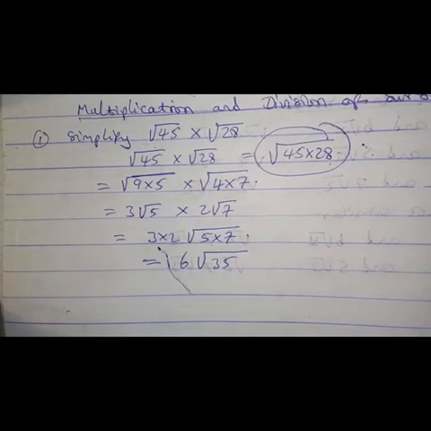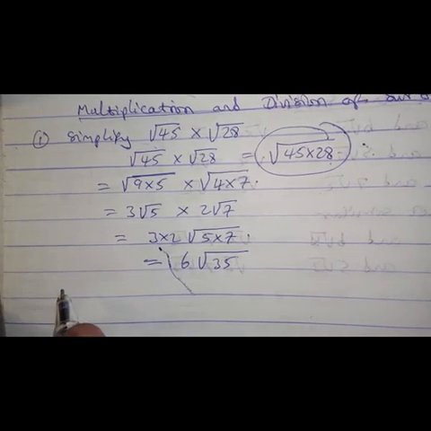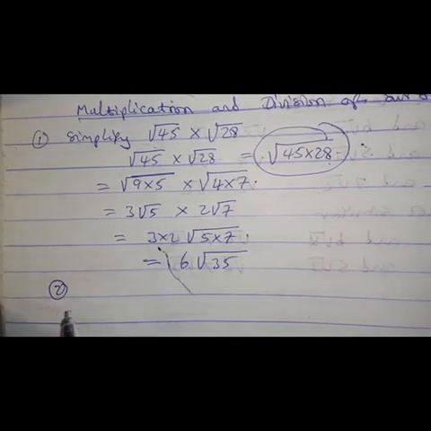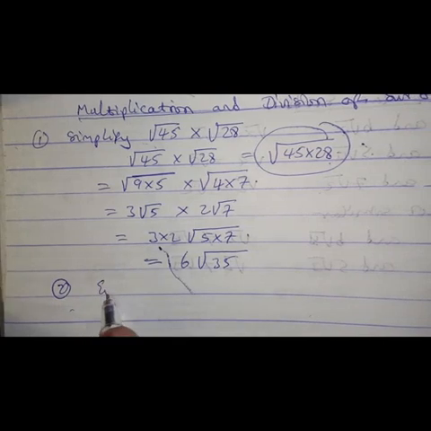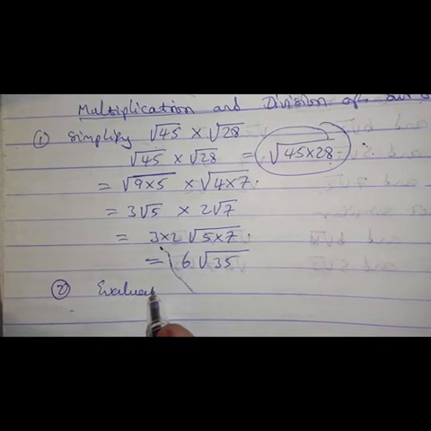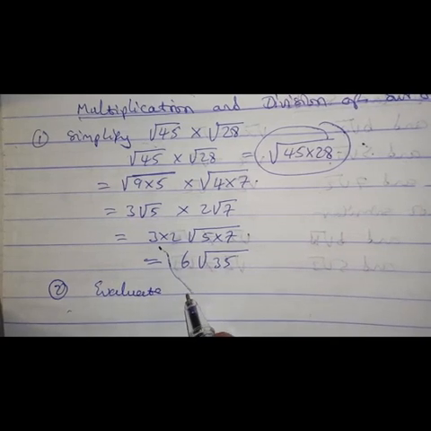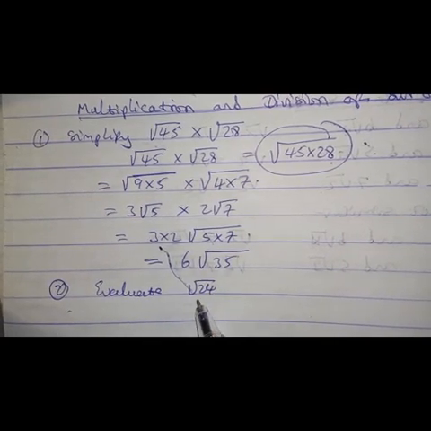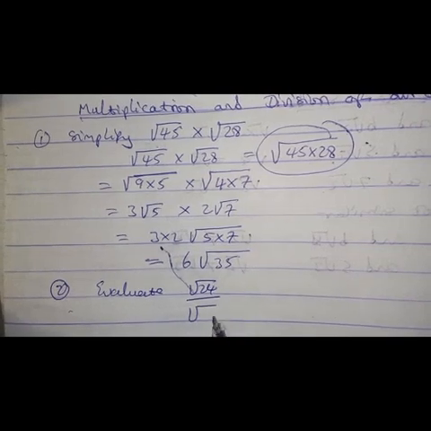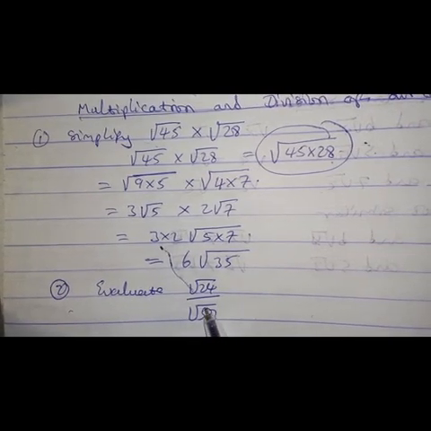We can also do that in division. So let's look at number 2 question which you are asked to evaluate: root 24 all over root 50. How do you do that?